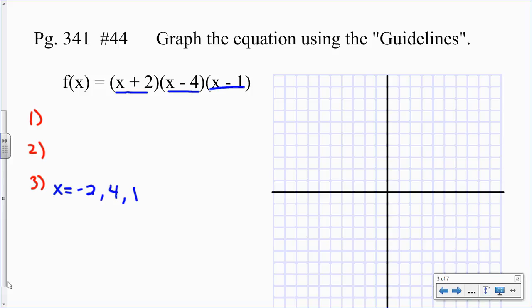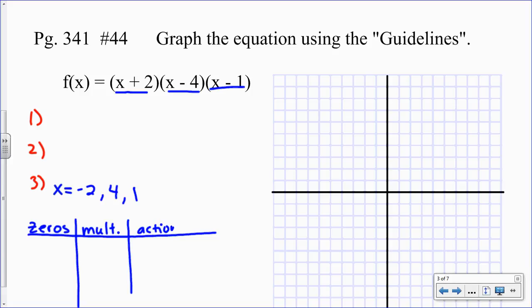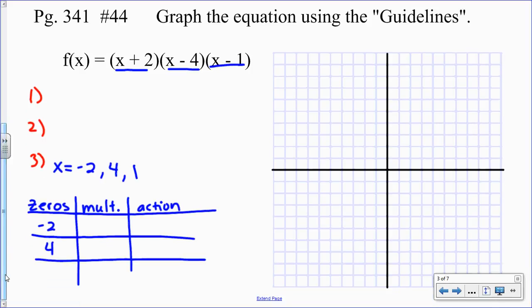This one, all the multiplicities are 1, so you might not need the chart. But this chart will also help us find our degree, which we need the degree to know the end behavior.